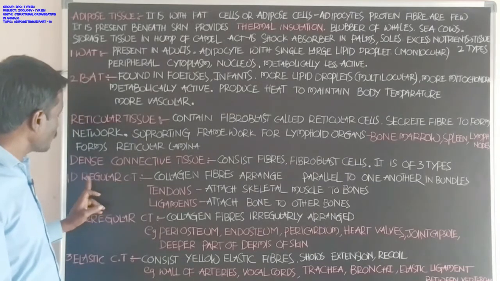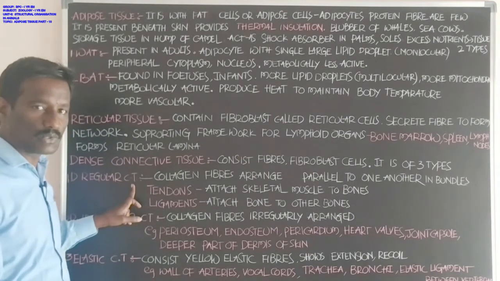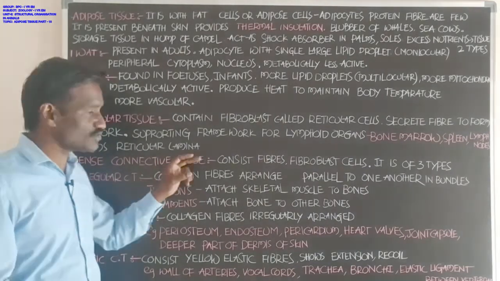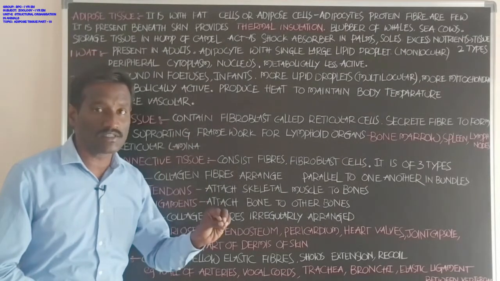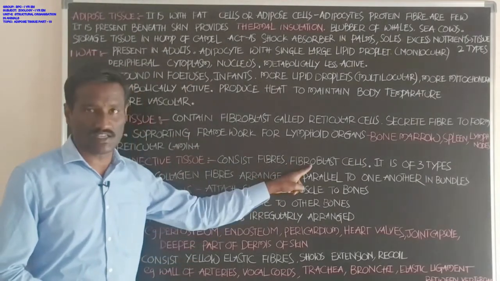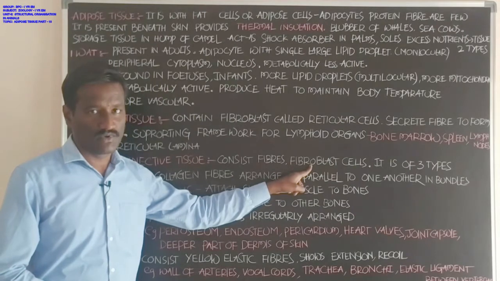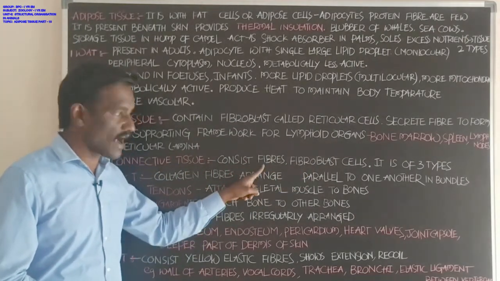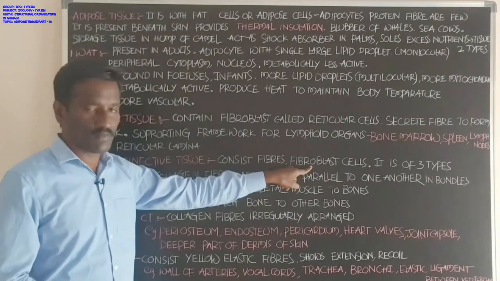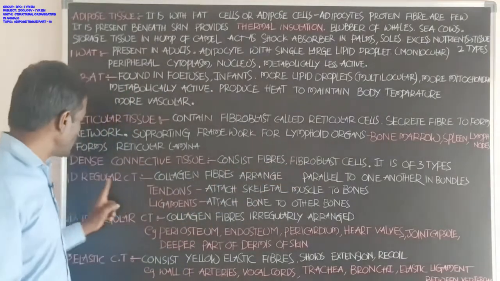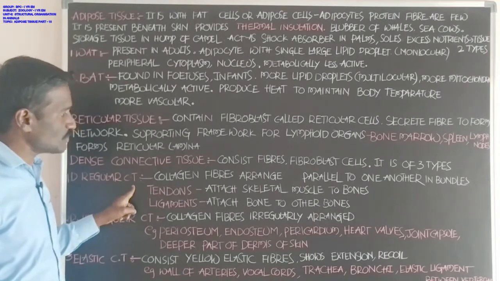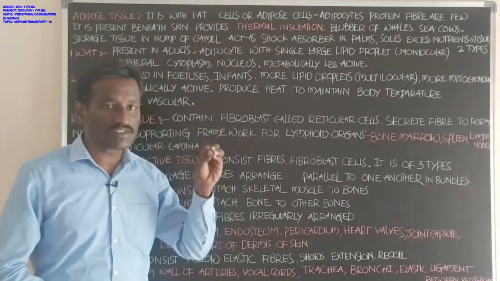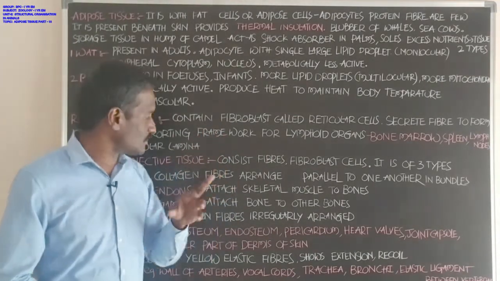What about the dense regular connective tissue? Students, dense connective tissue consists of fibers and fibroblast cells. Most of the matrix is made up of the fibers and the fibroblast cells. In this first one, dense regular connective tissue, collagen fibers are regularly arranged.